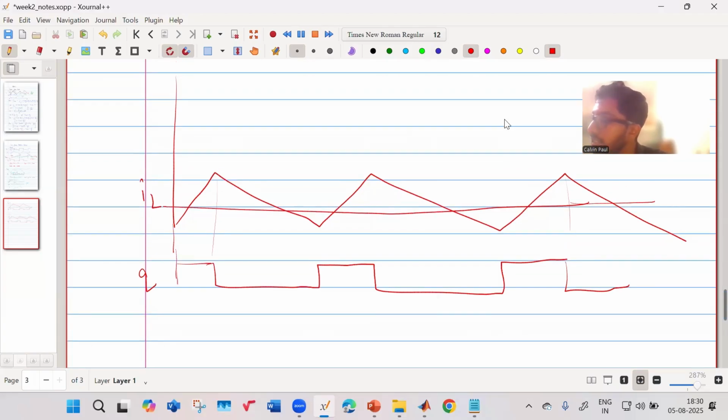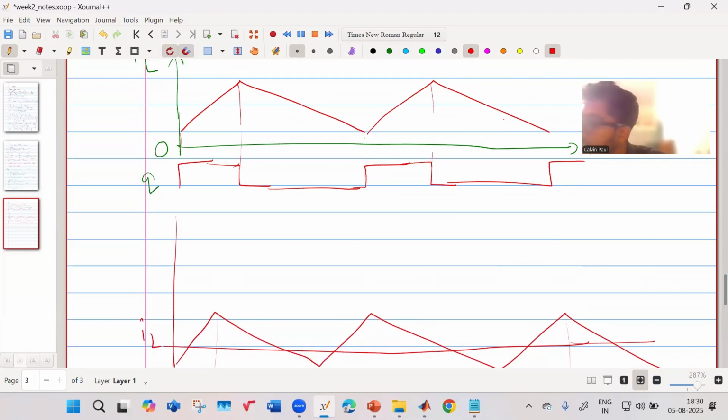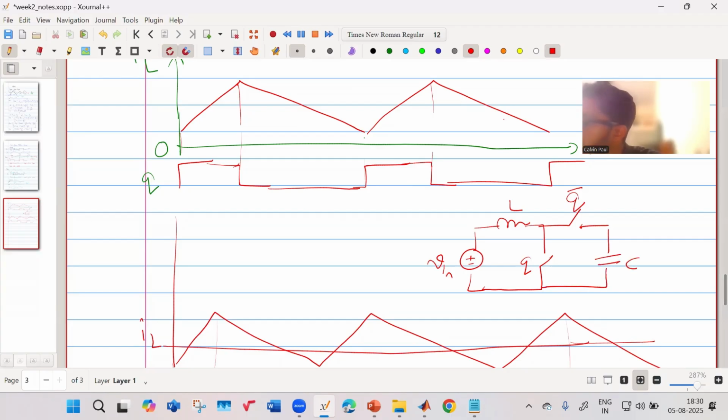When does this happen is when we have, let us say, a boost converter. This is your V in, this is your L, this is your Q, this is your Q bar, this is your capacitor, this is your load.